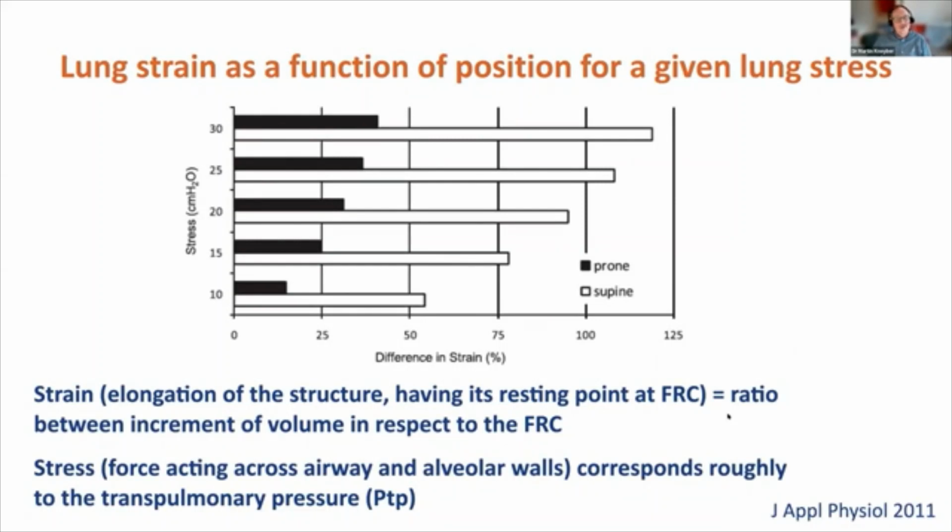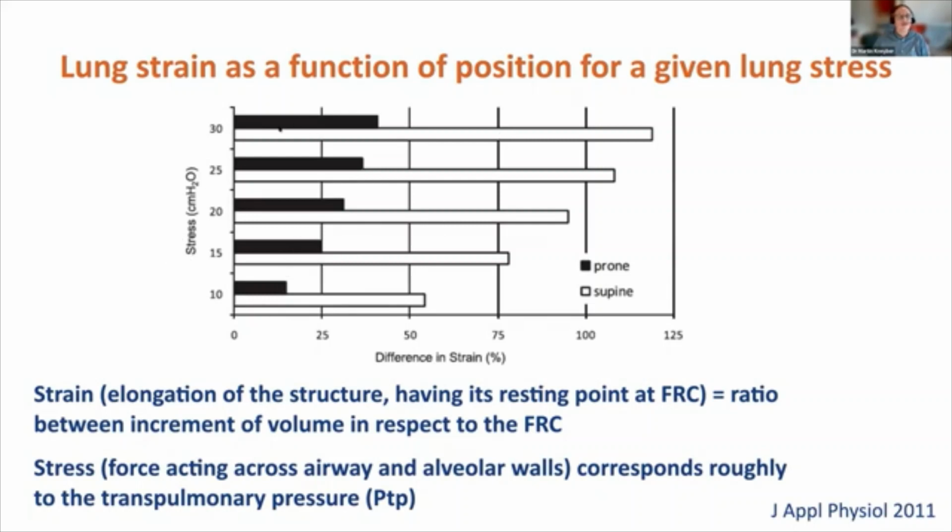And we've heard a little bit about lung stress and strain in the earlier talk. In prone positioning, there is a lower strain for a given transpulmonary pressure, so stress, when you are in prone positioning, the black bars, compared with the supine positioning.